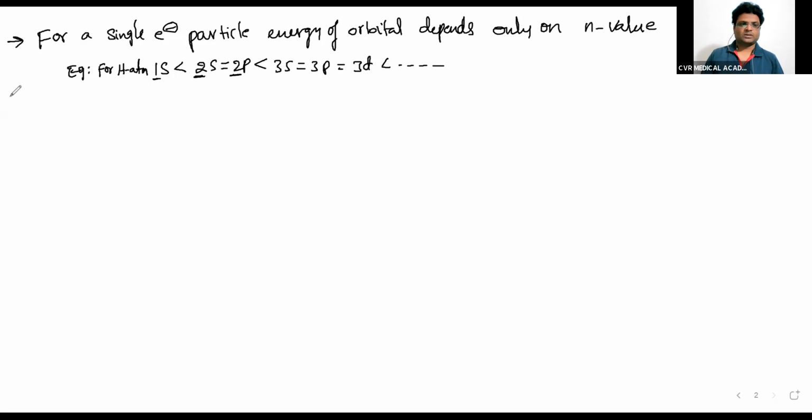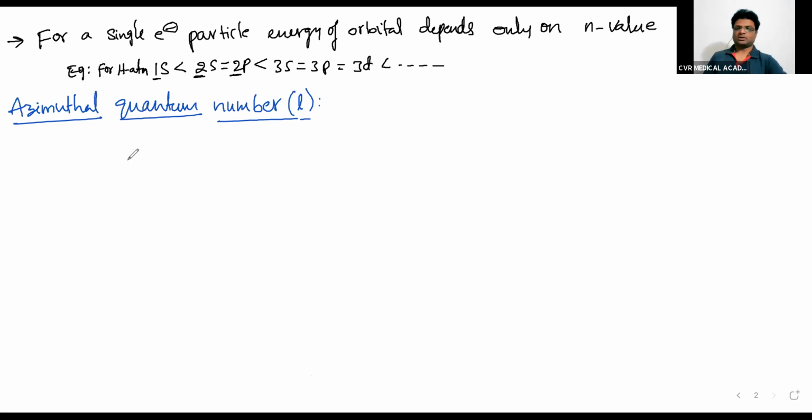Okay, so these are the details of the principal quantum number. Next, the azimuthal quantum number. It is written as L, and K was initially proposed as the azimuthal quantum number, which was later modified into L. What are the other names for it?